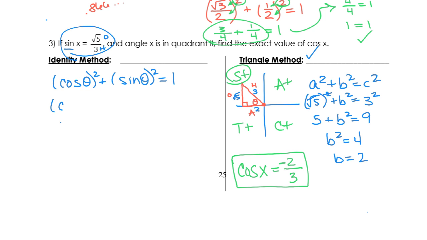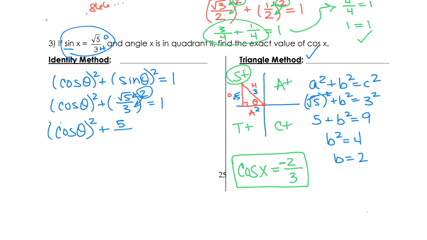We are solving for cosine theta, so we're going to leave this. Sine theta, though, is the square root of 5 over 3. And we'll leave this again, but we'll square this out. So remember that the squared has to be used on the square root of 5 and the 3. So square root of 5 squared is 5, and 3 squared is 9.